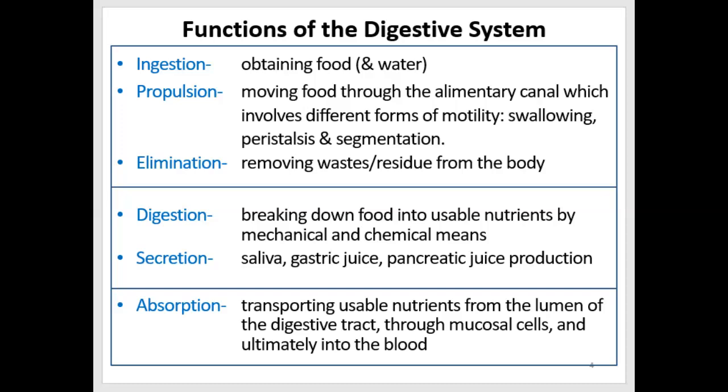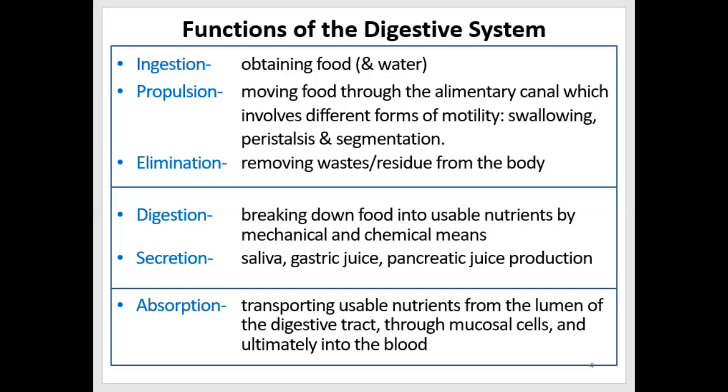Chemical digestion involves the secretion of digestive juices that break down nutrients into smaller components that can then be absorbed. But the digestive process is just the breakdown. Absorption is a different function.